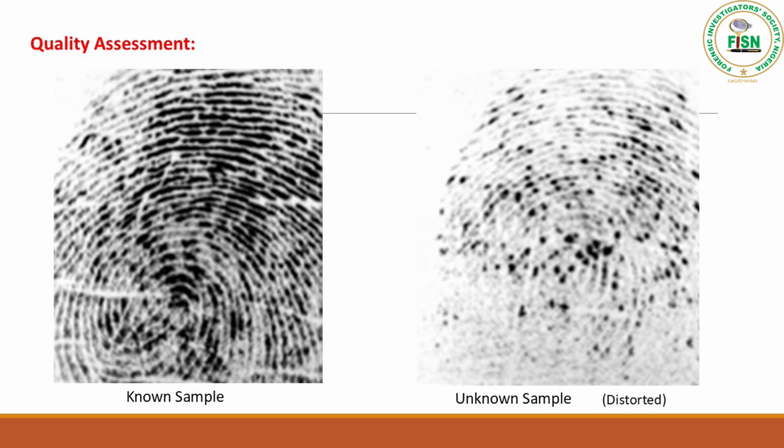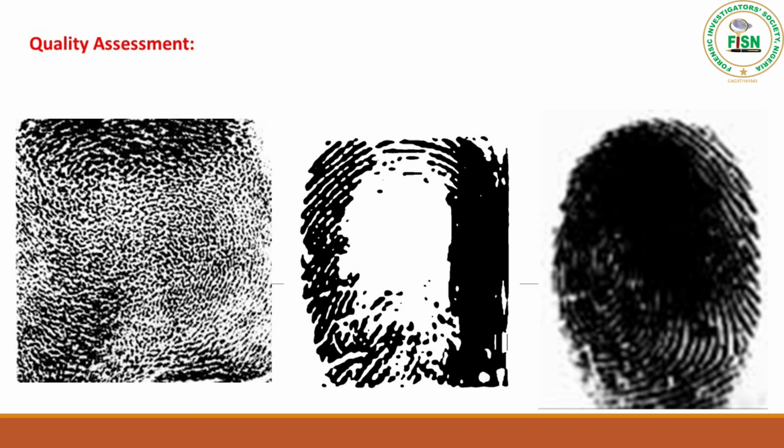So a distorted fingerprint is a fingerprint that has been damaged or that doesn't have enough features. Therefore, the structure is not a good representation of the structure of the fingerprint of the alleged maker.